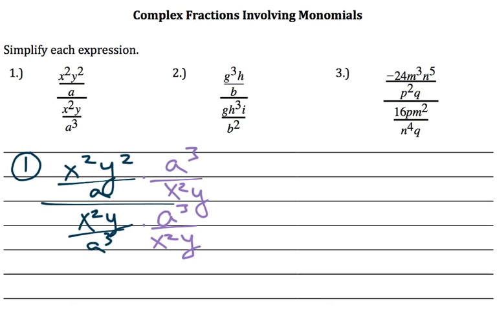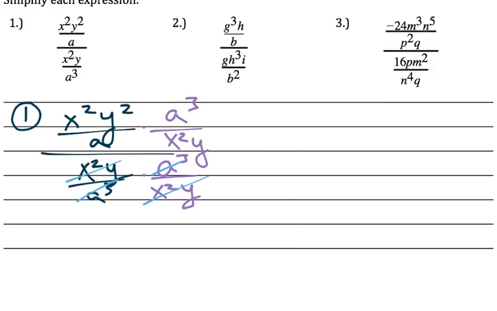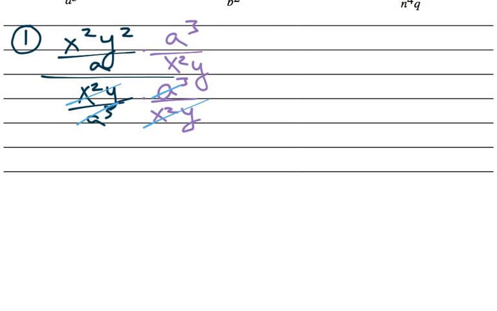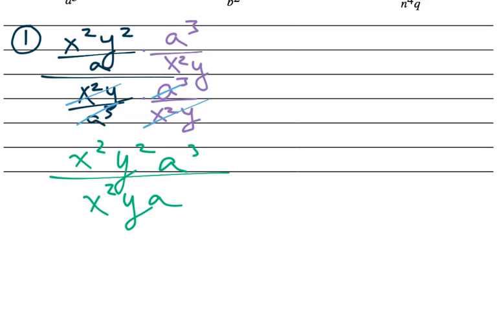And the reason I chose those values is to get rid of the fractions being in the denominator, so that I now have this entire thing, x squared y squared a cubed over x squared y a.